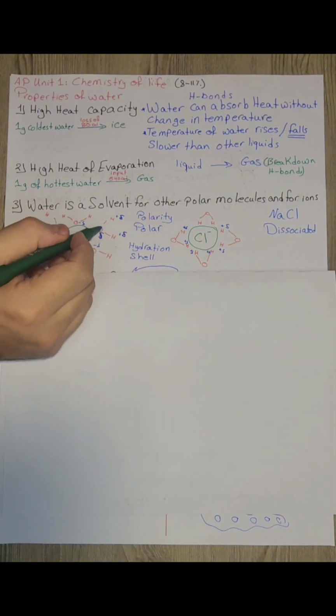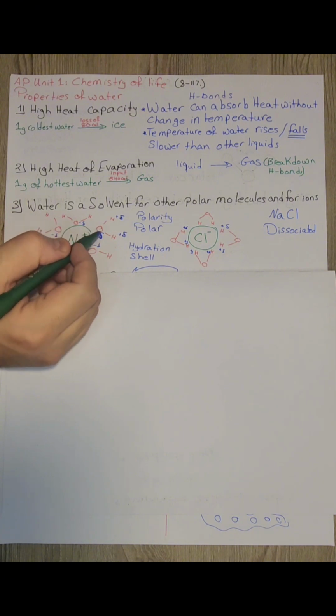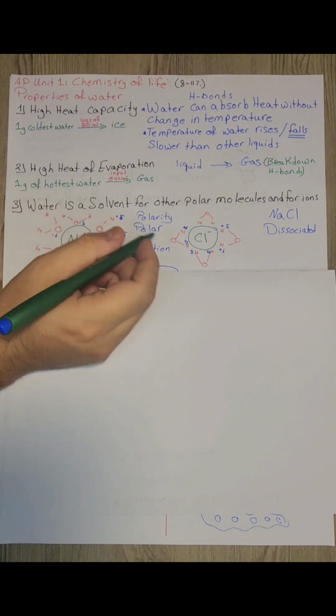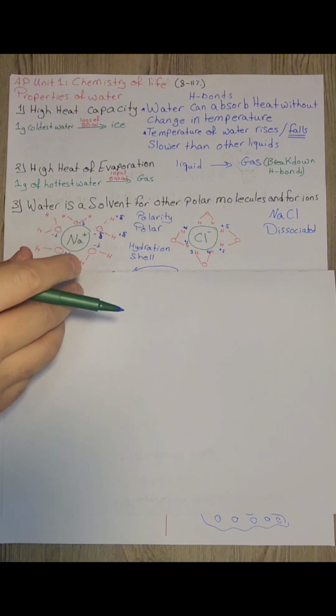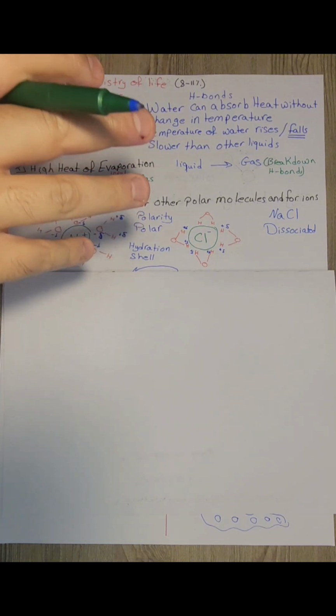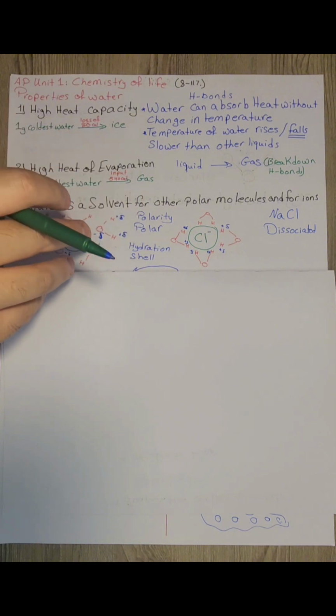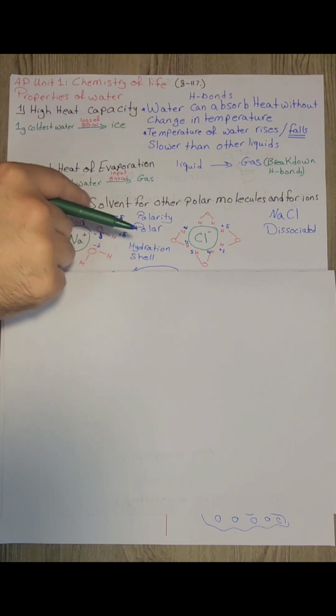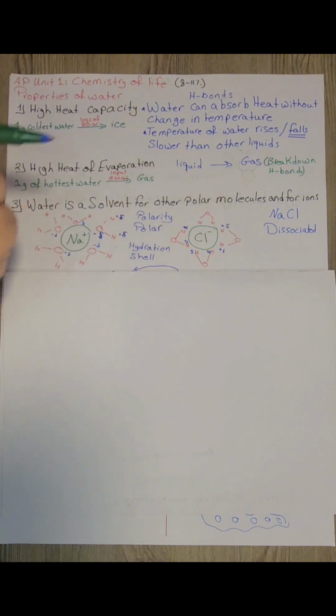We all know, or we discussed before, that oxygen is partially negative charge while hydrogen is partially positive charge. This polarity gives water the ability to form a hydration shell around the ions.